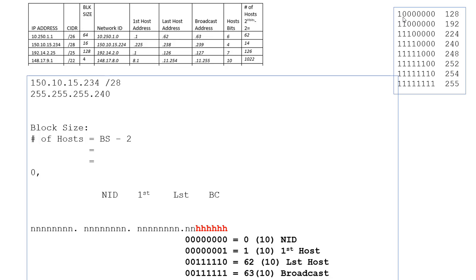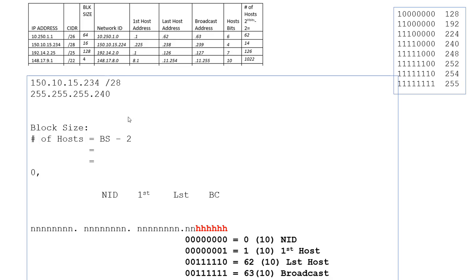We start out with 1 bit in binary and then 7 zeros, and that's equivalent to 128. Then 2 bits and 6 zeros for 192. 3 bits, 5 zeros, 224. 4 bits, 4 zeros, 240.